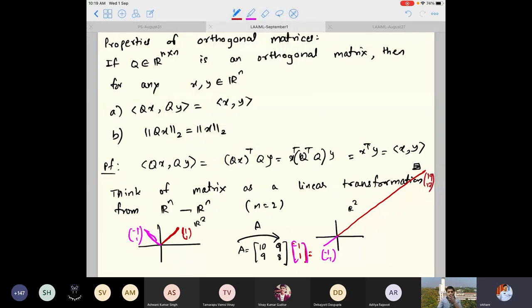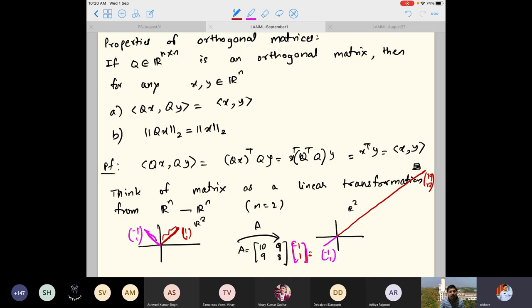Now you see what this linear transformation A is doing. Are you convinced that A is changing the length of this vector? The length of (1, 1) is square root of 2. That length goes to square root of 19 squared plus 17 squared. That means you have a huge magnification of the vector (1, 1).